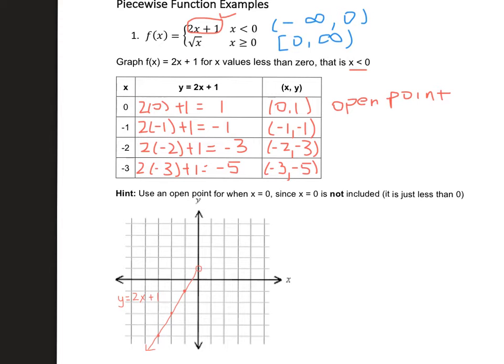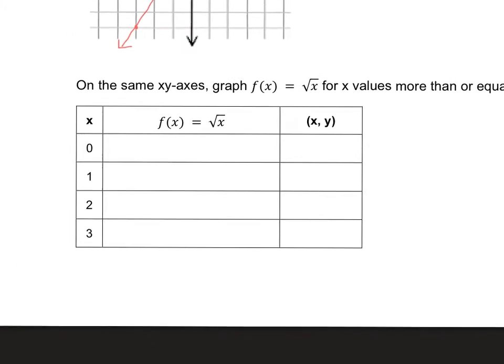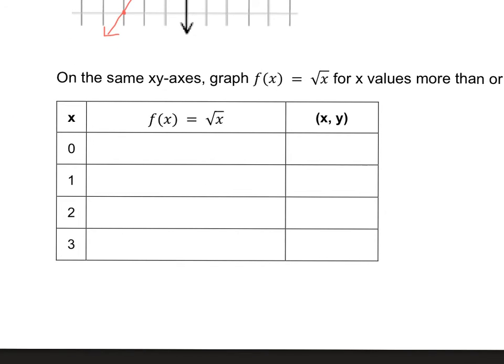The other piece is the square root of x, and this is for 0 to infinity. So we can fill out the table. If we plug in a 0, square root of 0 is 0, and we get the point (0, 0). Plug in a 1. Square root of 1 is 1, and we get the point (1, 1).